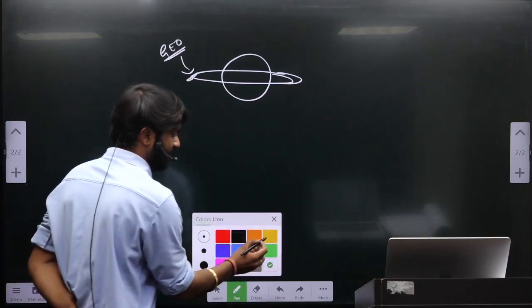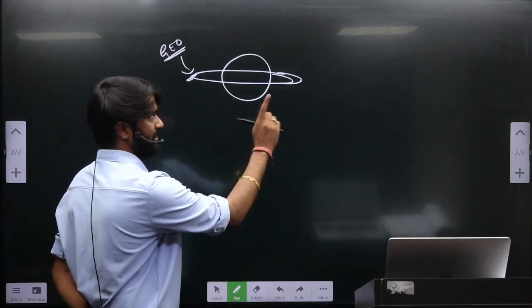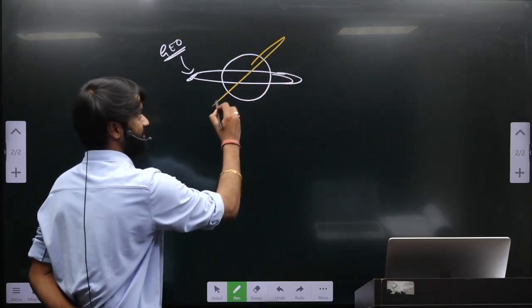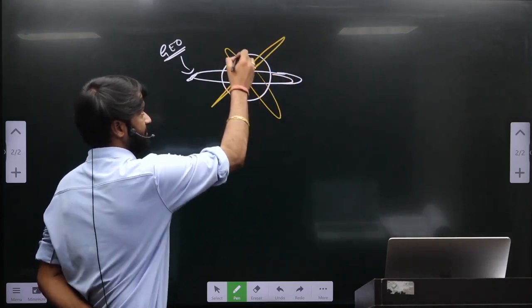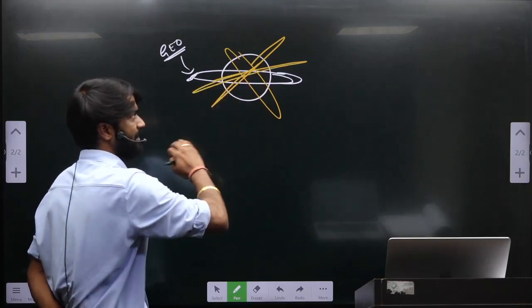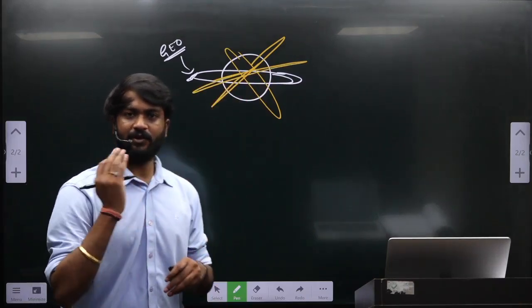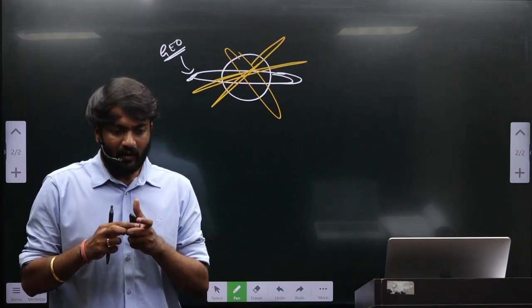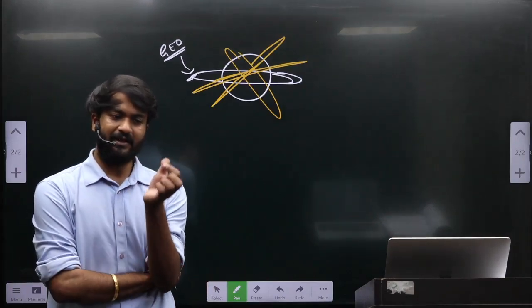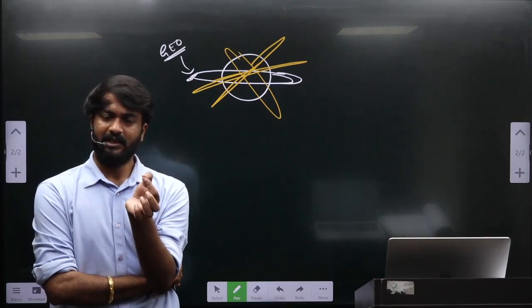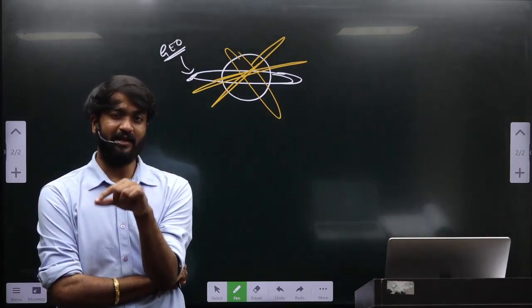But let's say if earth is revolving like this, but the satellite is revolving like this, in any other plane other than the plane of the earth's rotation, although it will complete one round only in 24 hours. But don't you think it is again in sync?